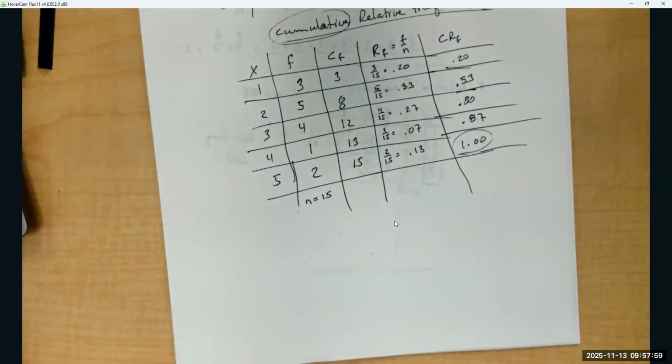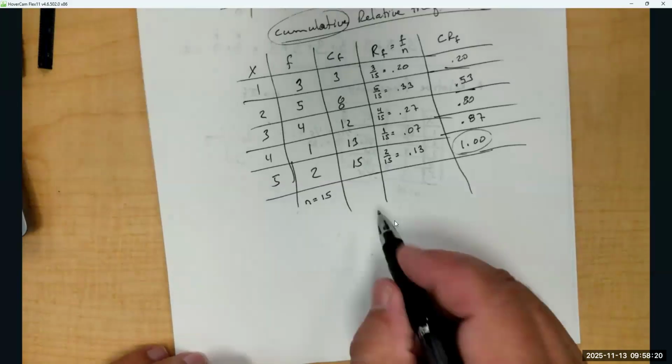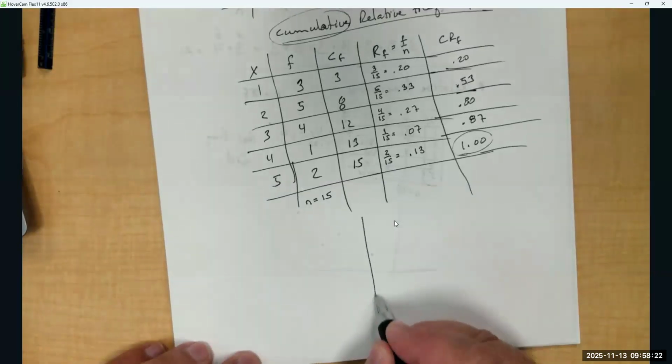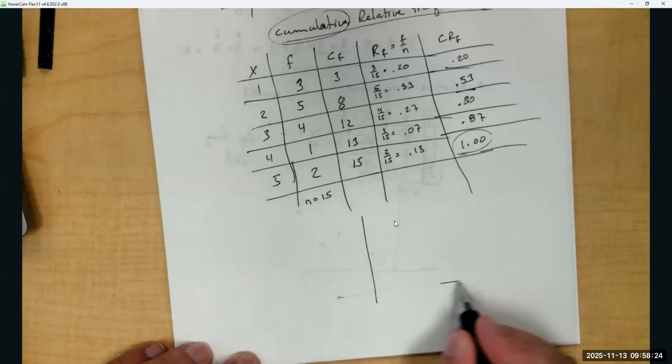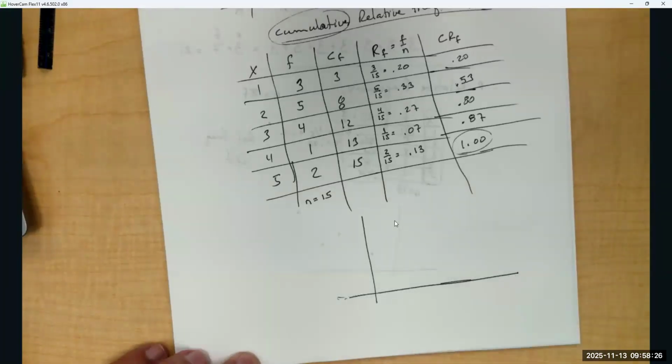What would that graph look like? If we graphed the cumulative relative frequency, what would that look like? Like a what?